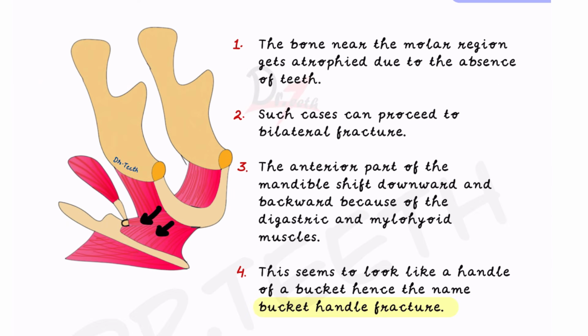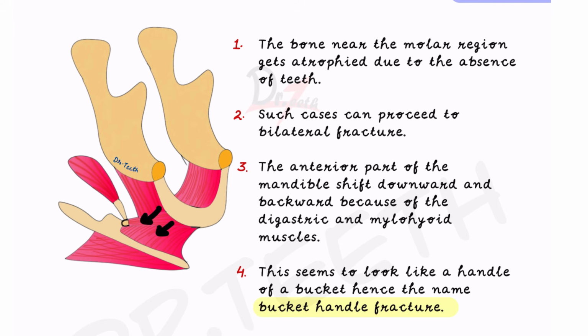Now another important viva question or short note question is bucket handle fracture. The fracture that happens in edentulous cases is bucket handle fracture. What happens is the bone near the molar region, since we have lost our teeth, gets atrophied, meaning the bone gets very thin here.